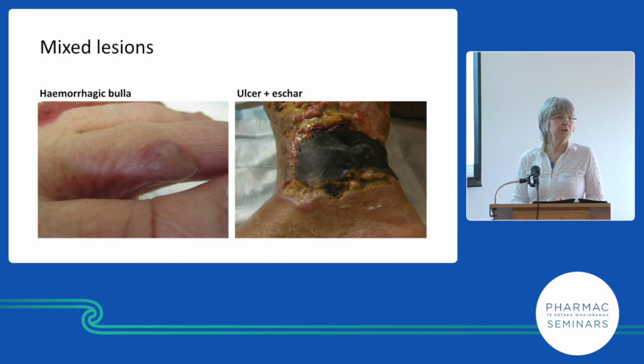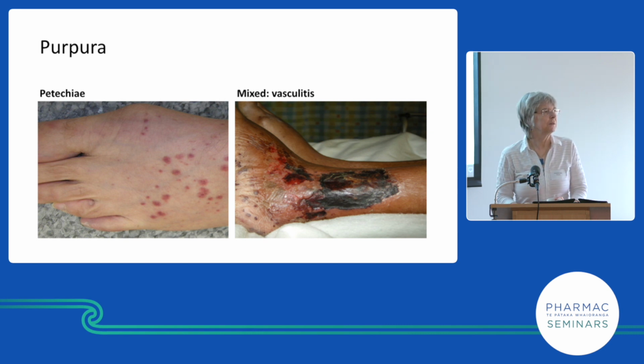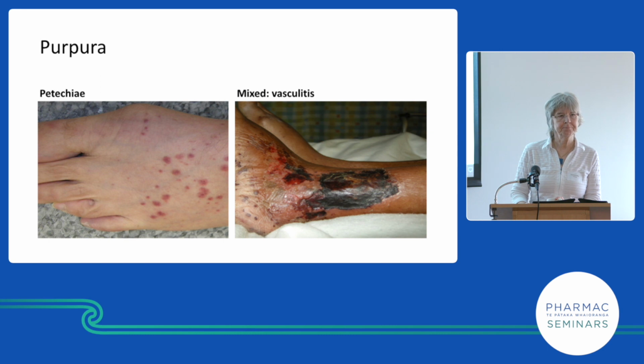So if you've got blood in your bulla, it's a hemorrhagic bulla. If you've got dead tissue that's gone black, that's an eschar in an area of ulceration. If you're bleeding into the skin, there's one form of purpura, purple spots, and they don't blanch.